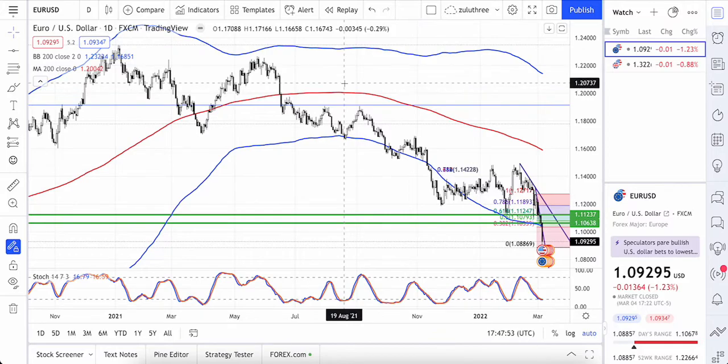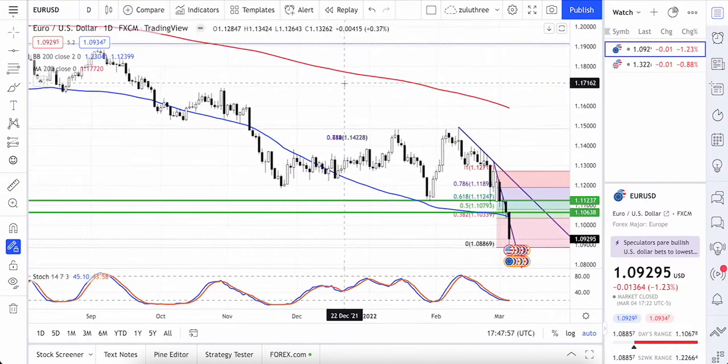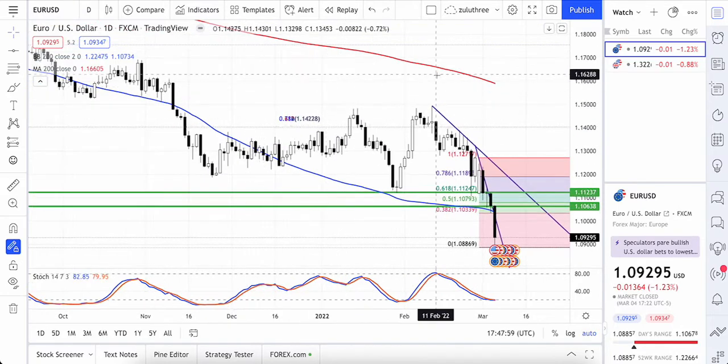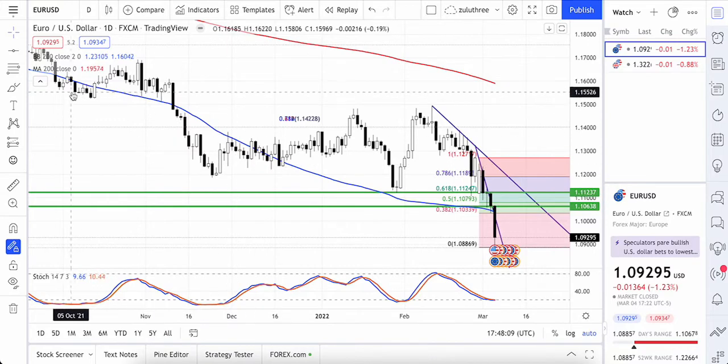We've been in a downtrend in the euro, and this megaphone would indicate a point of hesitation where we might break out through the top or the bottom, and indicate a continuation of direction. So we've broken out through the bottom of this megaphone.